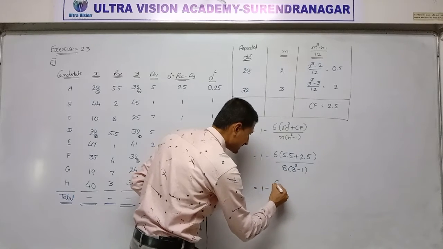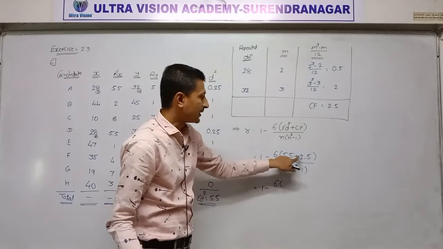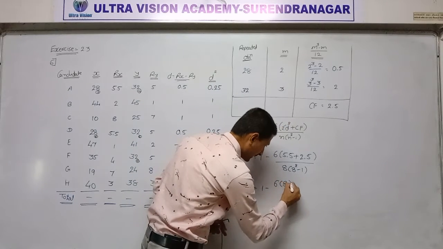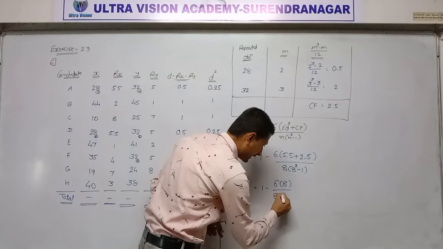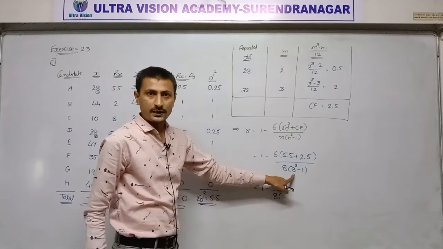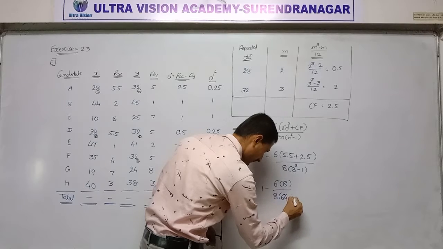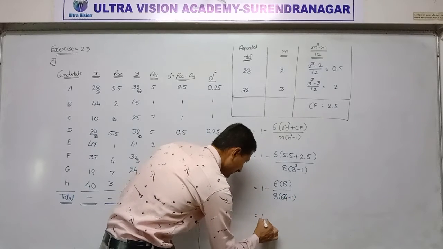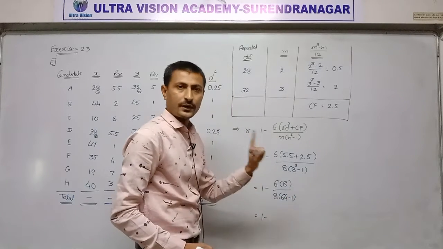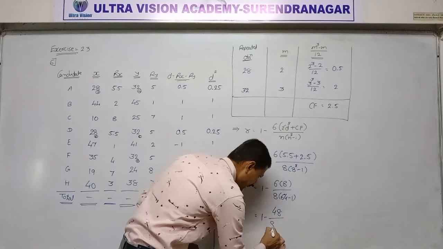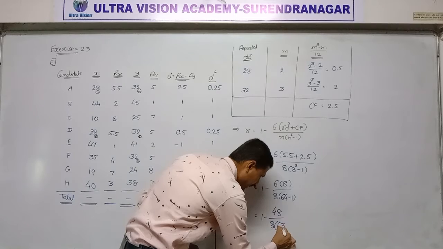So 1 minus 6 in bracket 5.5 plus 2.5, which is 8, divided by 8 in bracket 8 square 64 minus 1. Next step: 1 minus 6 into 8 is 48, divided by 8 in bracket 63.